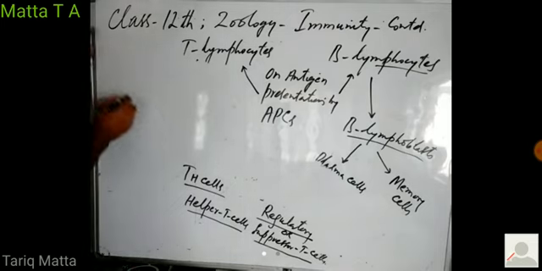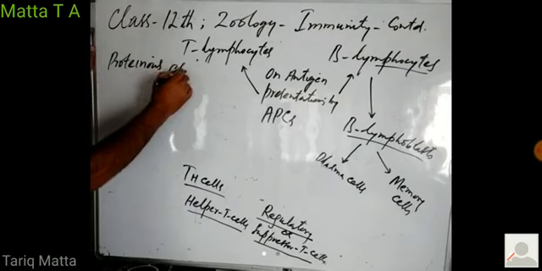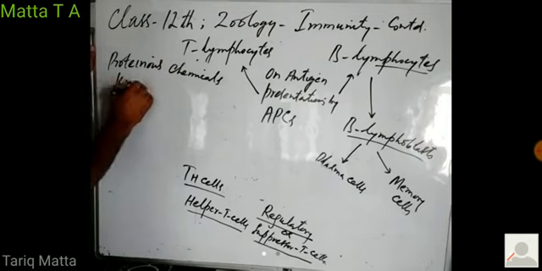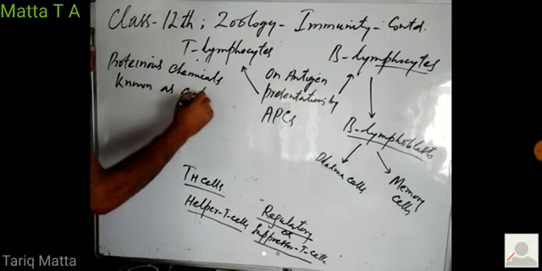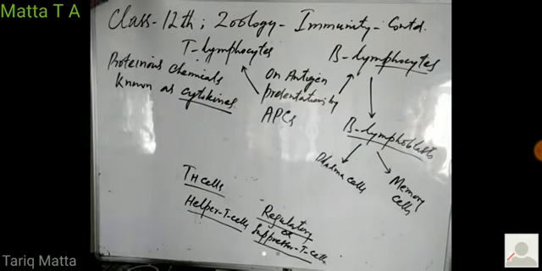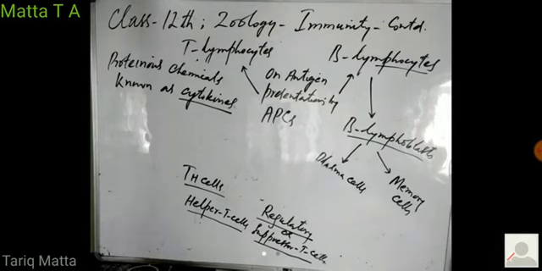They release some defensive proteinous chemicals known as cytokines. And these cytokines stimulate both T lymphocytes and B lymphocytes for destroying the pathogen.